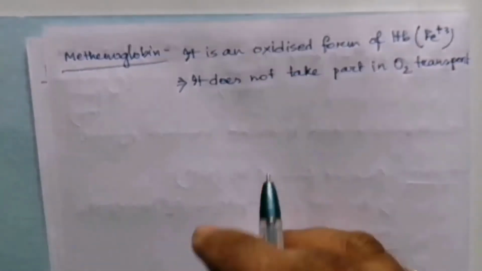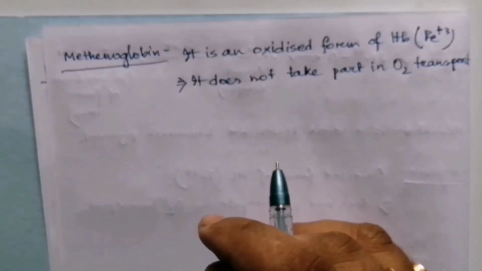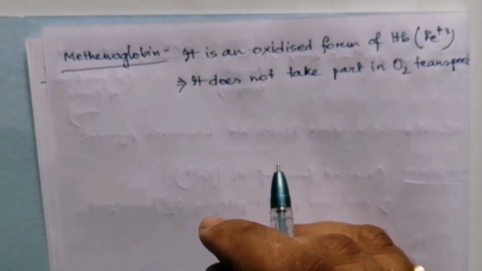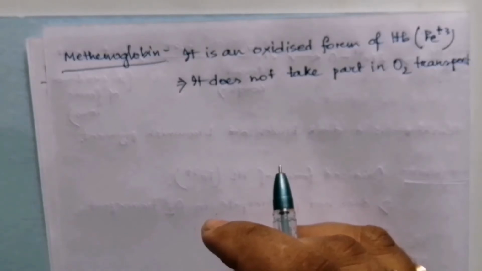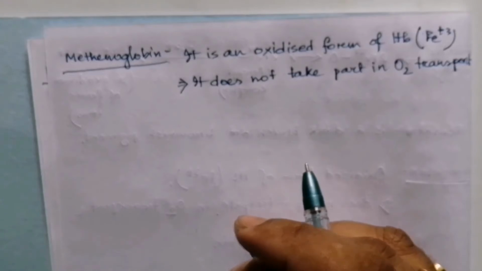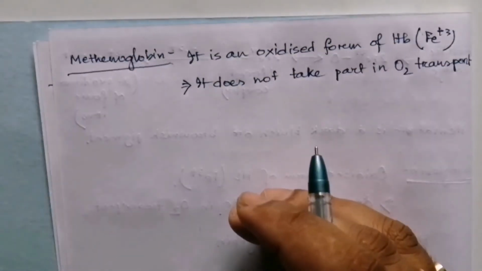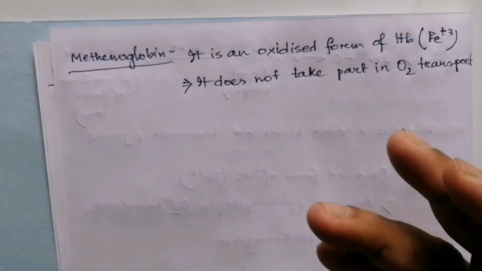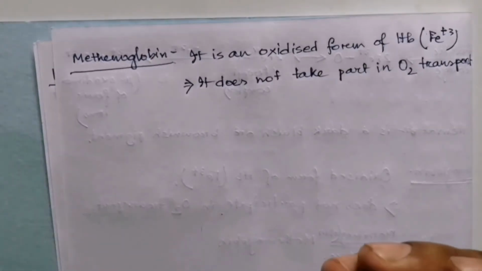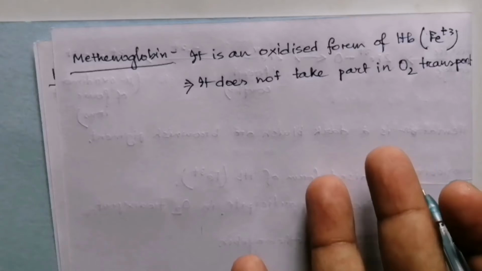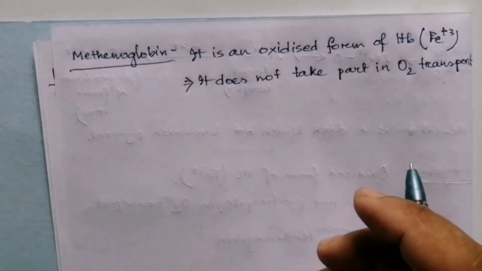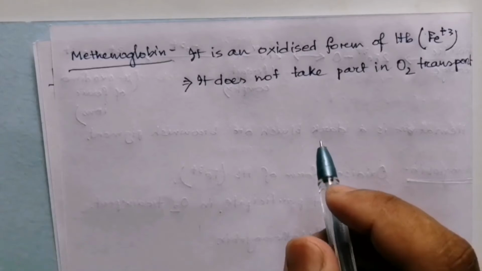So next, how a methemoglobin is formed. The hemoglobin, which is bound to the protein chain, does not allow oxidation of the iron center by the surrounding water molecules present in the blood, but even then 3% of the hemoglobin gets oxidized to methemoglobin. In order to overcome this problem, there is an enzyme known as methemoglobin reductase, which converts the ferric ion back to the ferrous ion of the normal form of hemoglobin.